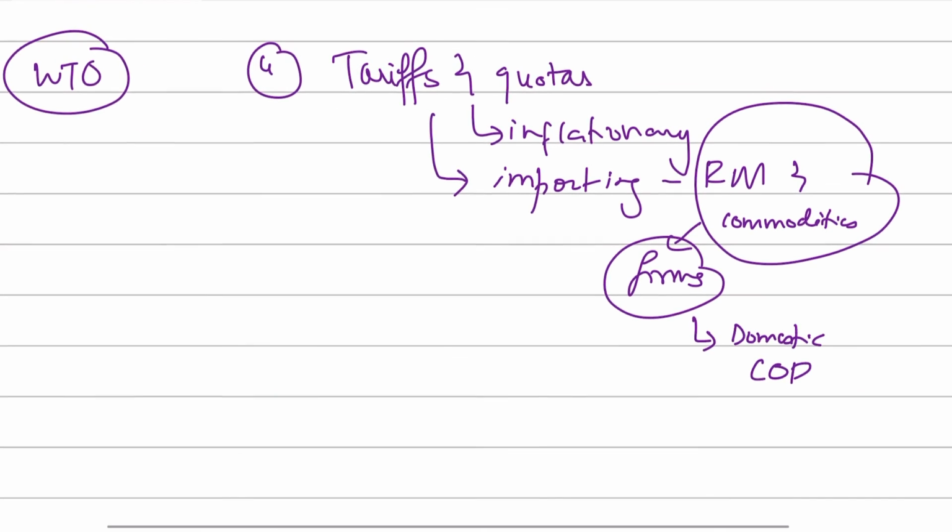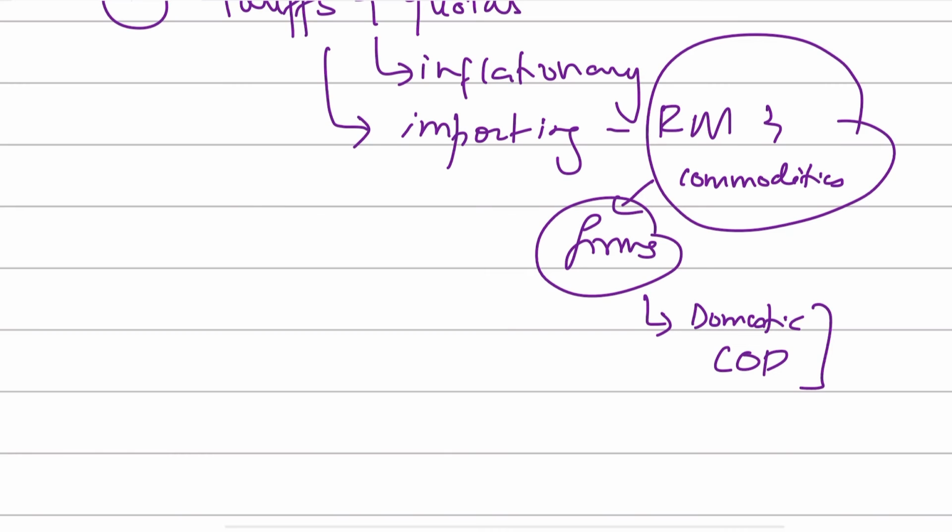I'm just writing it in short form in this video, but you guys won't write it in the exam. So domestic cost of production, you write it in full form. So the domestic cost of production for businesses will rise, especially for those businesses who are reliant on these imports. And especially, you need to understand that the PED for such imports would be less than one. It would be inelastic because they are key raw materials and commodities.